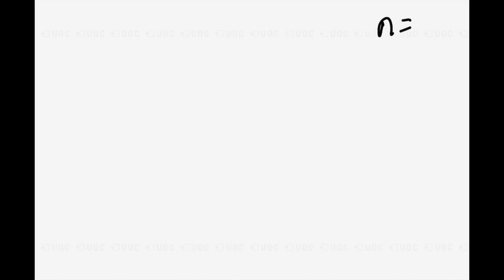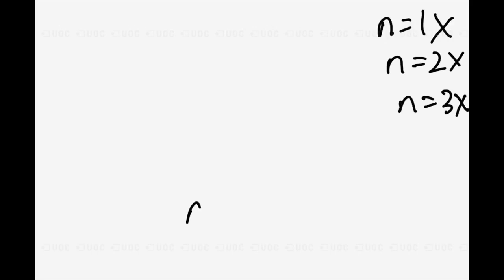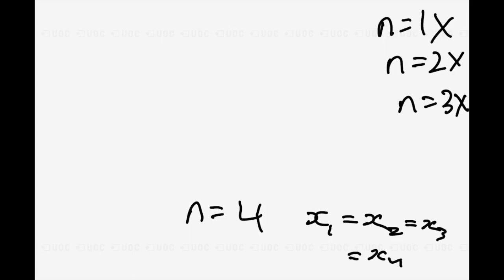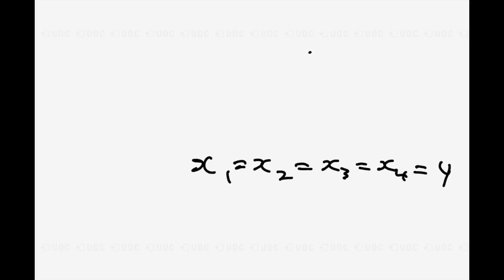Hence, n is not equal to 1, n is not equal to 2, n is not equal to 3. That means n must be 4. But remember how I said if n is 4, then x1 equals x2 equals x3 equals x4. So we can apply this condition, and since they all sum up to 16, x1 equals x2 equals x3 equals x4 equals 4.